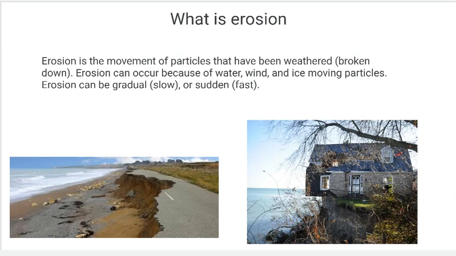As some of these particles are being weathered or broken down, they can also be moved or carried away to a new location. Erosion can be gradual, like we saw with the formation of canyons in water erosion, or it can be sudden, like with avalanches and mudslides that also sometimes occur due to water erosion.